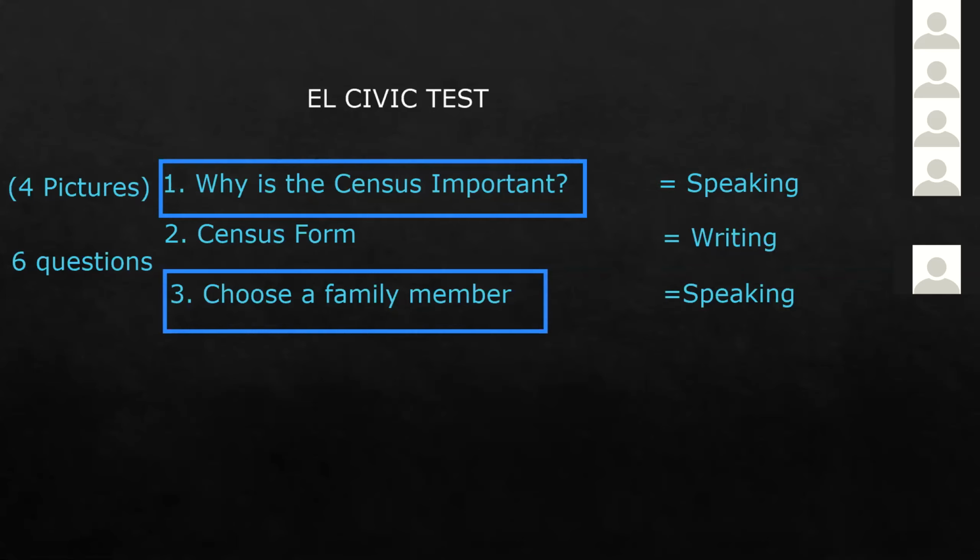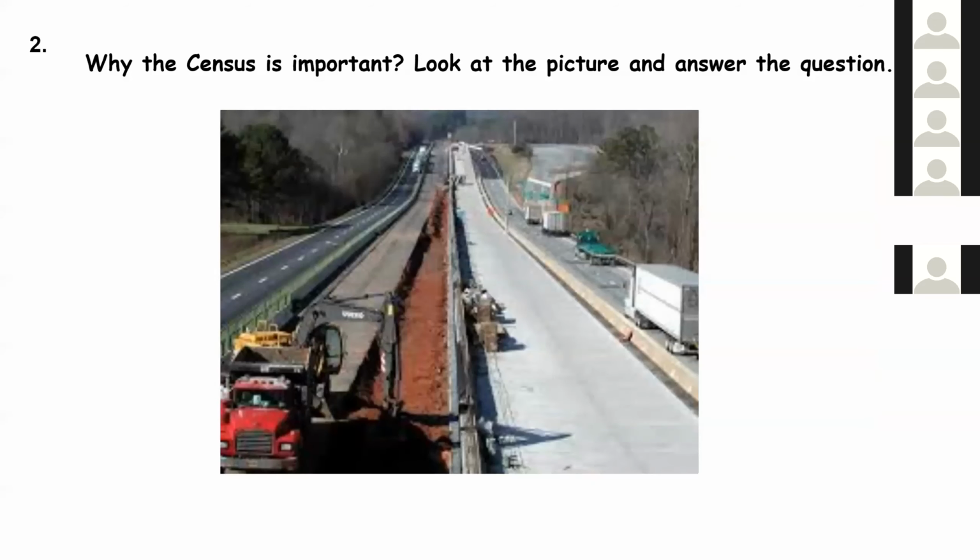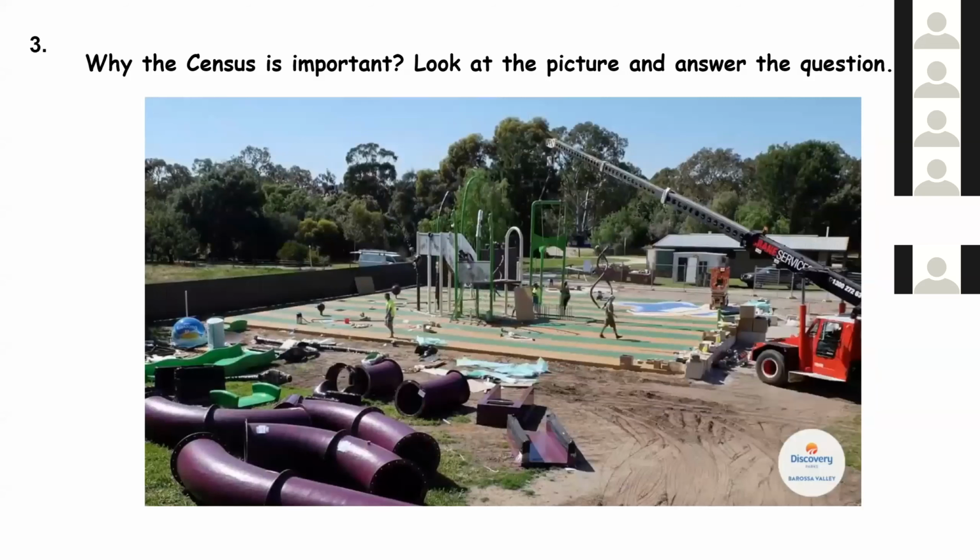Now, I will show you the practice test. Let's see, present, new share. It's going to look like this. Why is the census important? This is the second one, number 2.